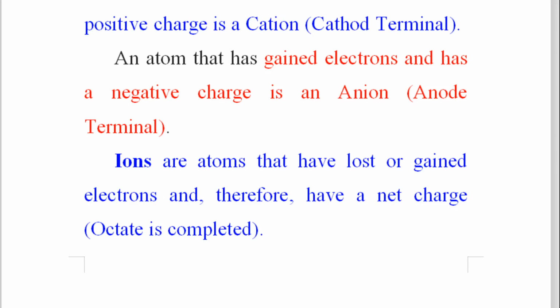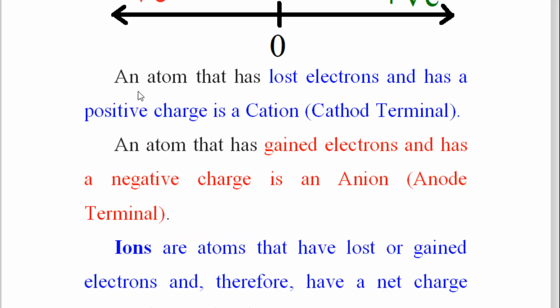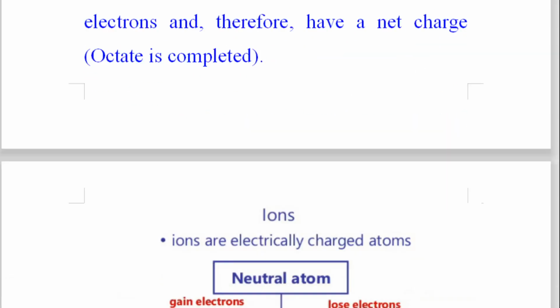What do you mean by cation? The atom which is losing the electron is called a cation, because its total negative charge decreases, meaning the positive charge increases. An atom which is gaining the electron, its total negative charge is increased, and that is called an anion.